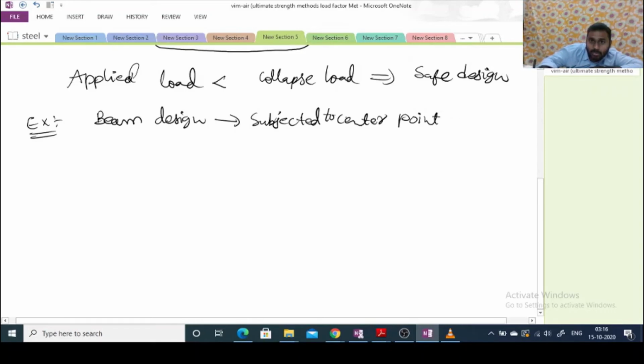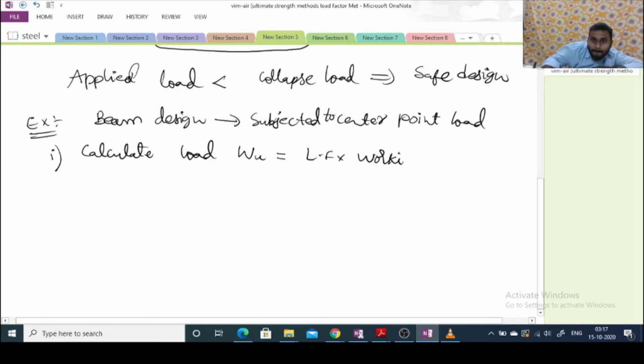This is the example. Now the first step here is to calculate the collapse load, which we represent with W. So the collapse load is nothing but load factor into working load, right?